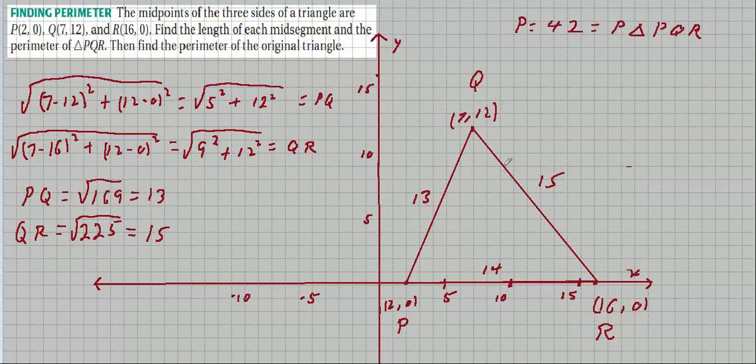But this triangle was made up of midsegments of some other triangle. What would the perimeter of the other triangle have been? Well, gee whiz. Each midsegment is half of the third side. So there's a side over here from some triangle, and it's parallel to it.